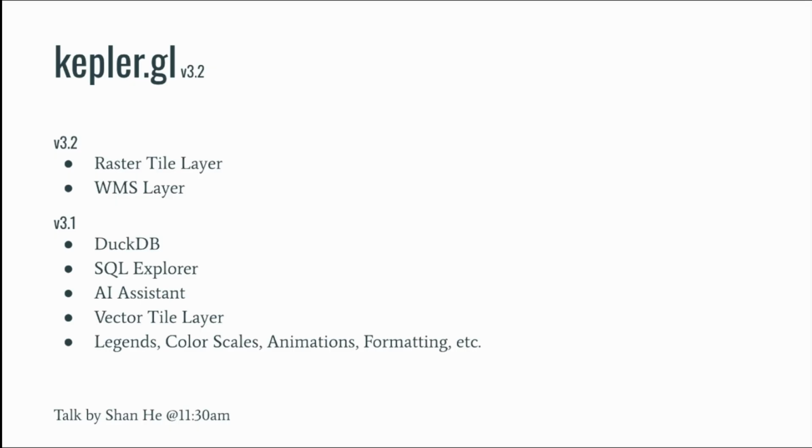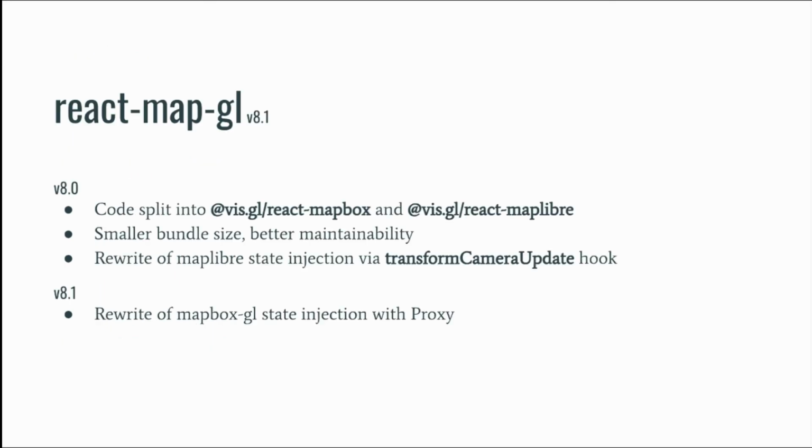I think one of the most exciting is the integration of DuckDB and the SQL Room core components into the library. React Map GL, we recently did a code split between Mapbox and MapLibre wrappers. A little history about React Map GL is it used to be just a Mapbox GL wrapper.